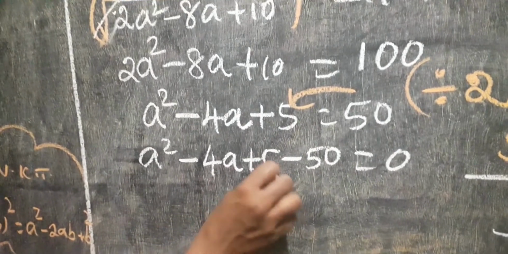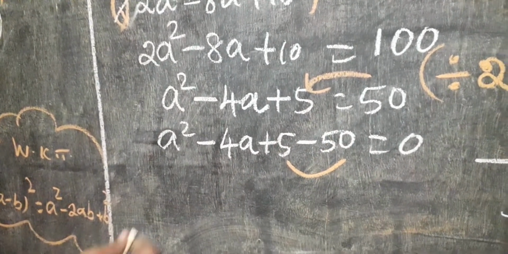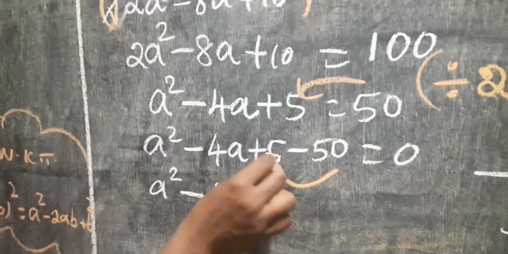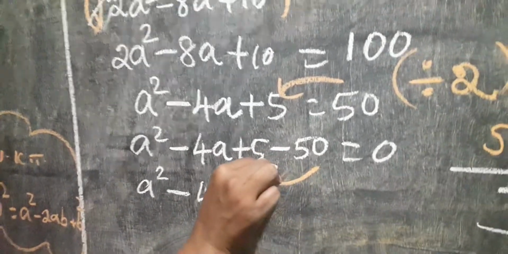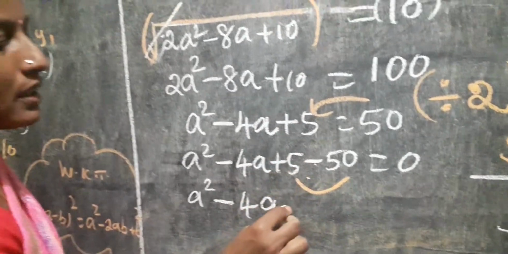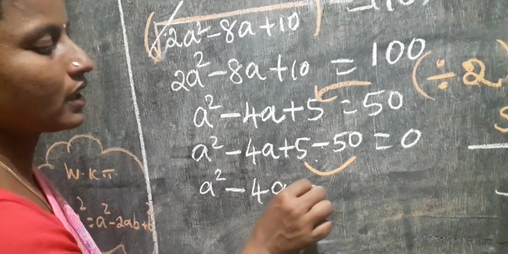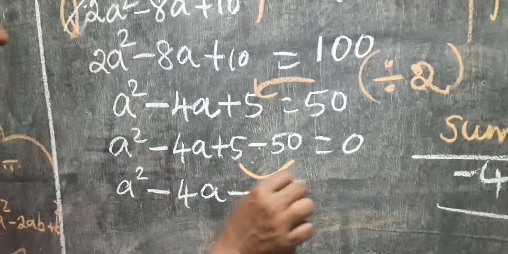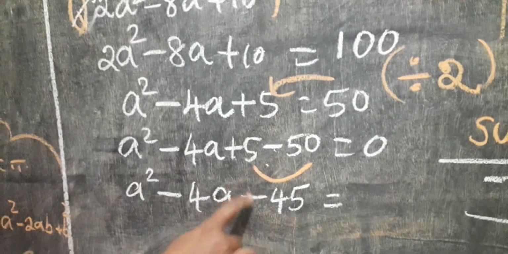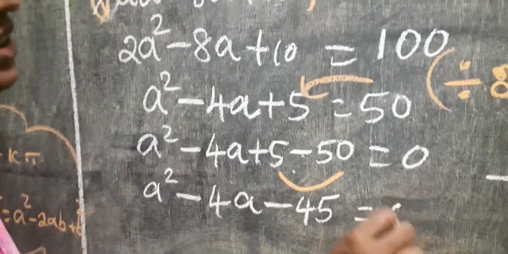Next, subtract these two values: different signs, subtract. −50 plus 5, different signs, subtract and put the greater number's sign. Minus 45 is equal to 0.